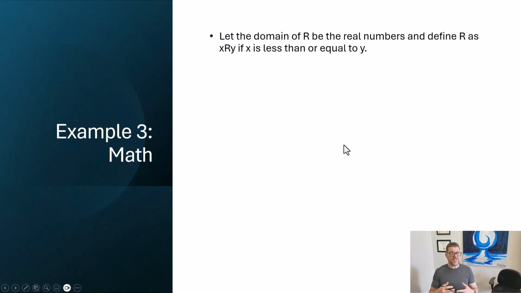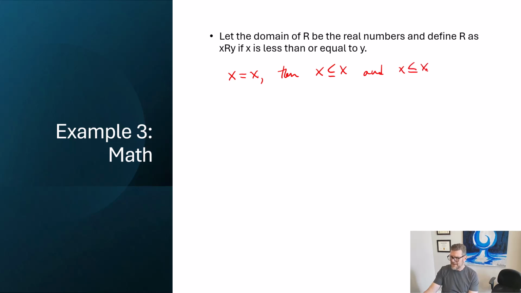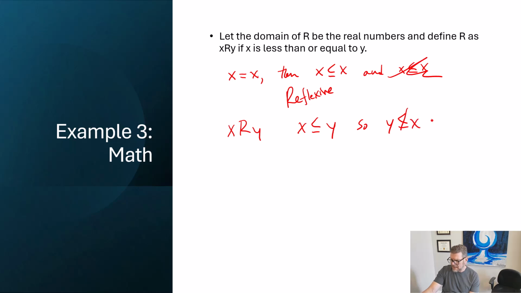Looking at an example from math, this is a really common one. This is probably our most famous partial ordering: x is related to y if x is less than or equal to y. We'll notice that x is less than or equal to x, so that's reflexivity. On the other hand, if x is related to y, that means x is less than or equal to y, so y is not less than or equal to x unless x equals y.